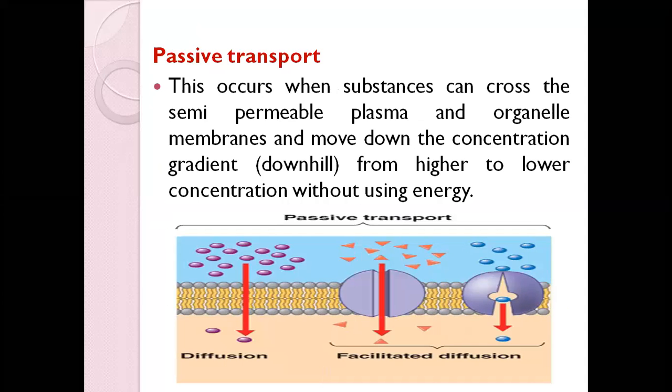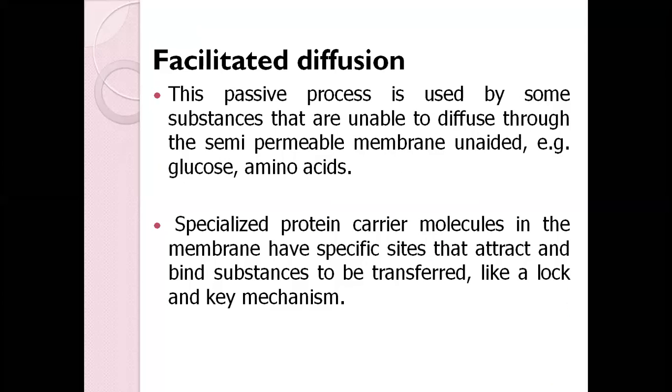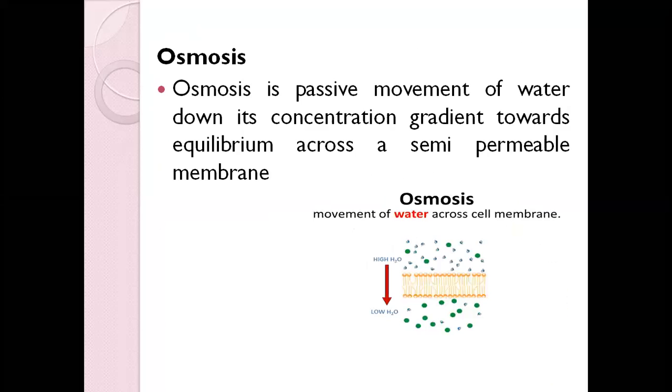Whenever we say osmosis, osmosis is also a passive movement. That means it is a movement without the use of any form of energy. So this is similar to diffusion. It is the movement of water down its concentration gradient towards equilibrium across a semi-permeable membrane.